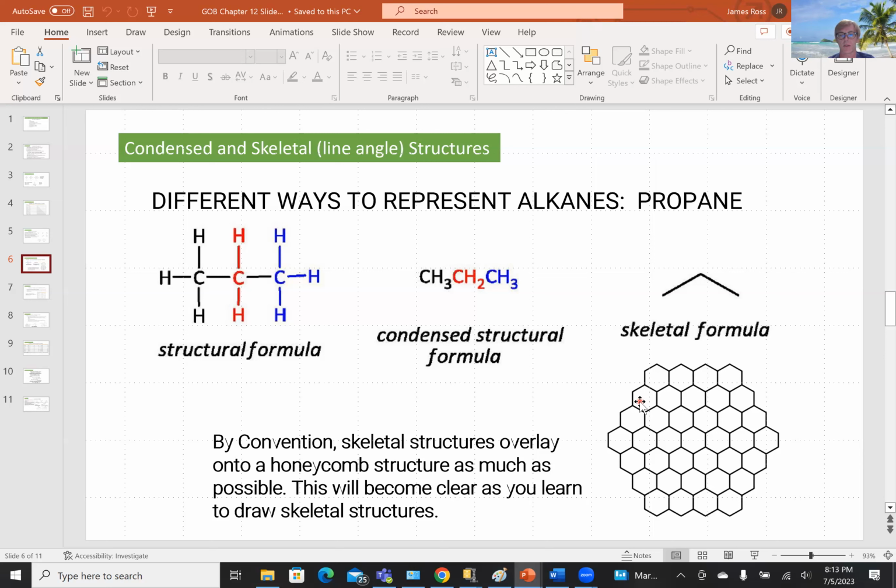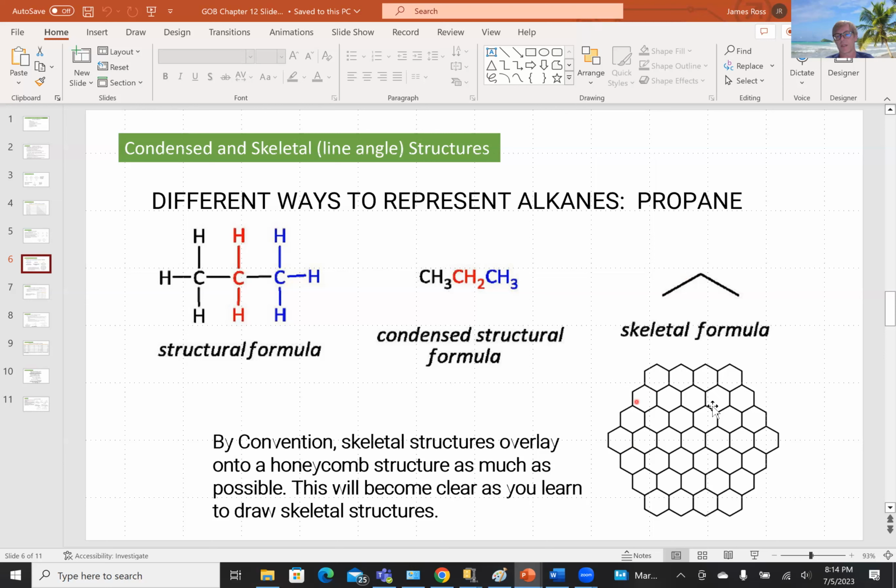scaffolding for your structures. So for example, if I went from the full or complete structural formula of propane, which is C3H8, I could write it as a skeletal structure just by having this apex motif, which would fit nicely on the honeycomb. I could go up, down. I could go down, up.